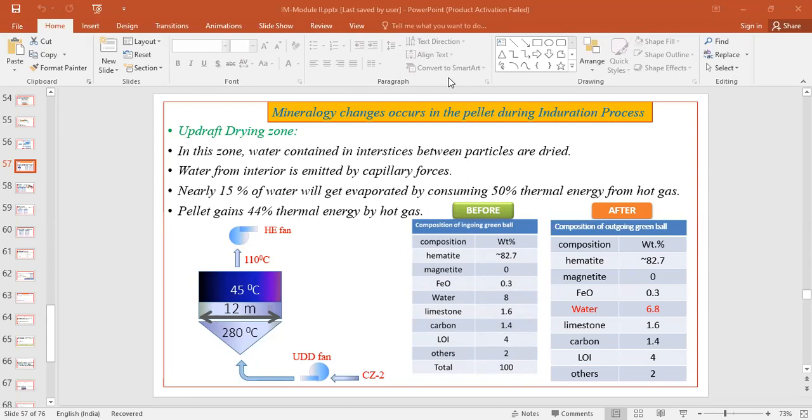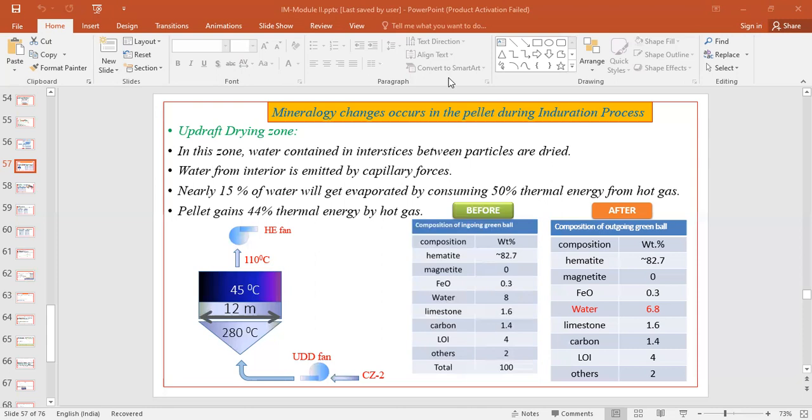As we have seen, there are three different stages in the induration process: drying, then preheating, and then firing. Of course, finally there is a cooling process also. The green pellets formed on the disc pelletizer travel through the conveyor belt and undergo screening by a double deck screening system.